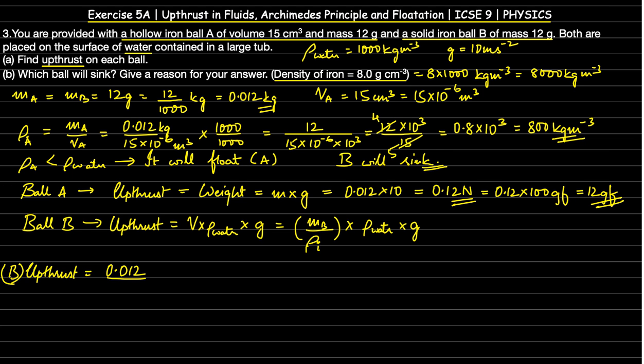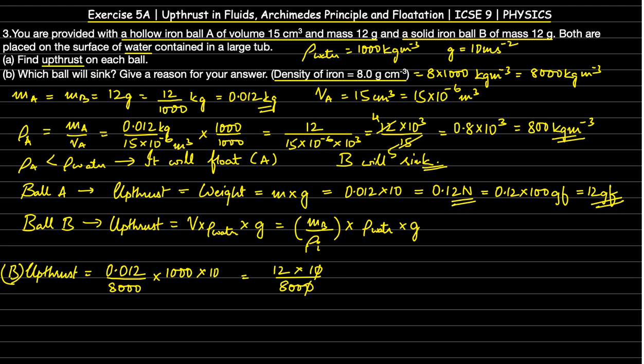So 0.012 divided by 8000 into the density of water, which is 1000 kg per meter cube, into 10. So 0.012 into 1000 gives us 12, into 10, that is the acceleration due to gravity value, divided by 8000 remains as it is. 0 and 0 cancel.